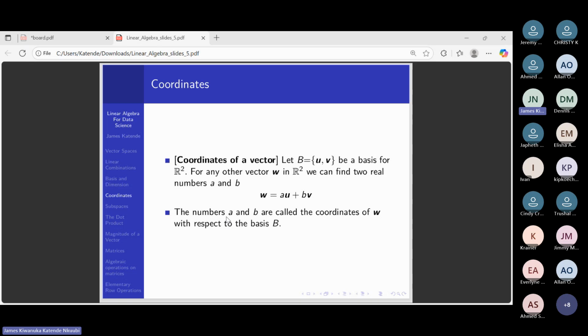Now, these 2 numbers, a and b, that satisfy this equation are called the coordinates of the vector w with respect to this basis consisting of vectors u and v. So the keyword is coordinates with respect to a given basis. And as you change the basis, the coordinates change.